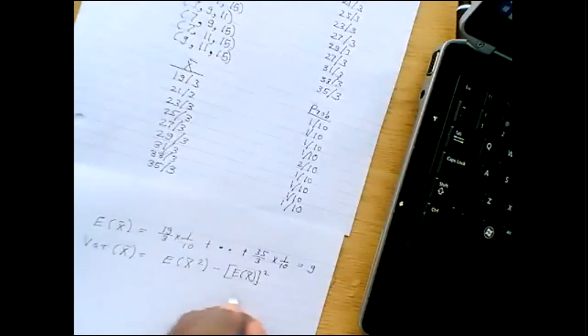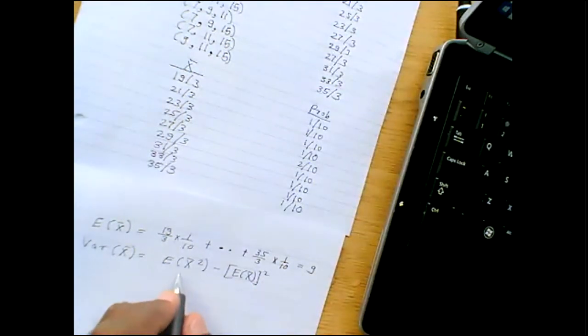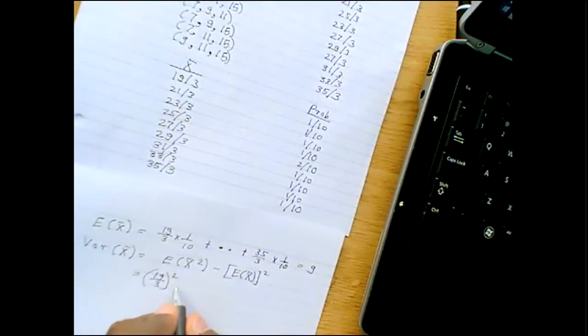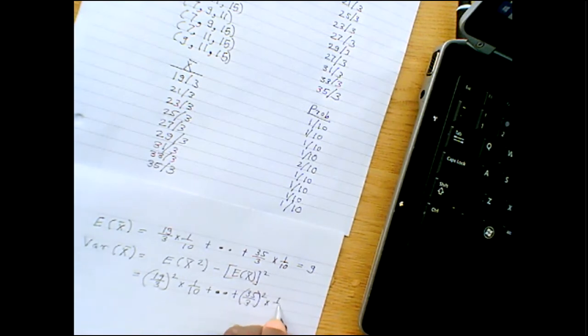Now to compute this, I'm going to use this table one more time. That's going to be 19 by 3 squared, and so on, minus the square of 9, which is 81.